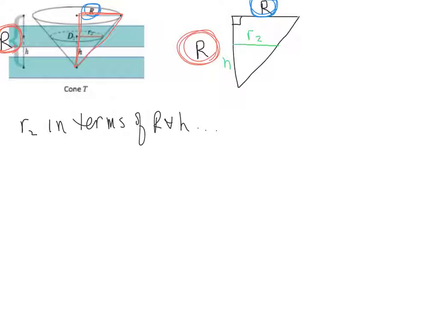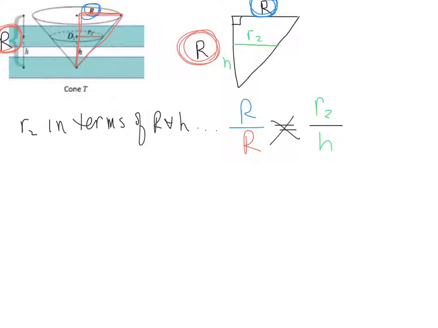So I can say big R over big R equals r2 over H. We've done that a lot with similar triangles, and it works fantastic.